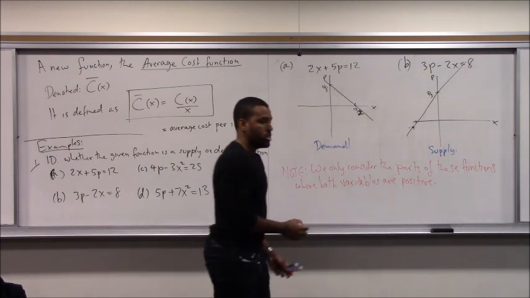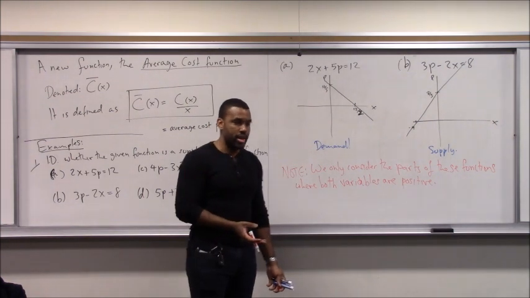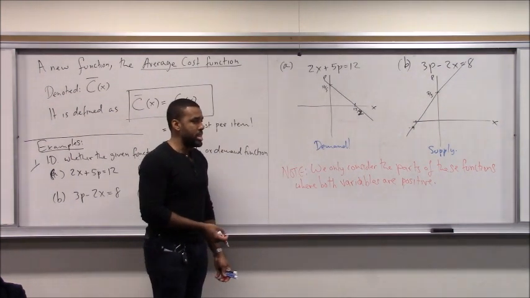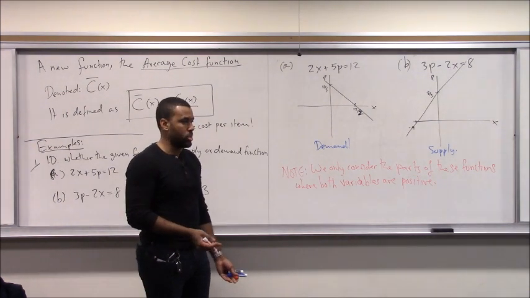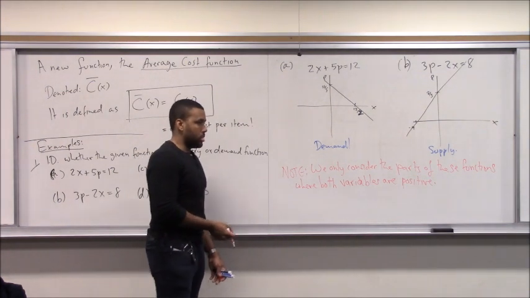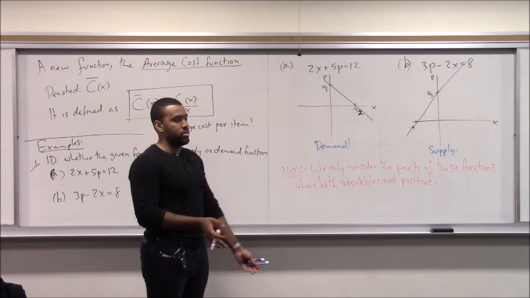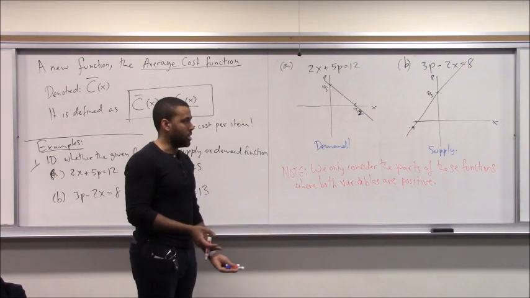Right? Because you can't have negative price. You also can't have a negative number of products being produced. Okay, we produce negative 10 million iPhones this year. That's not a thing, right?